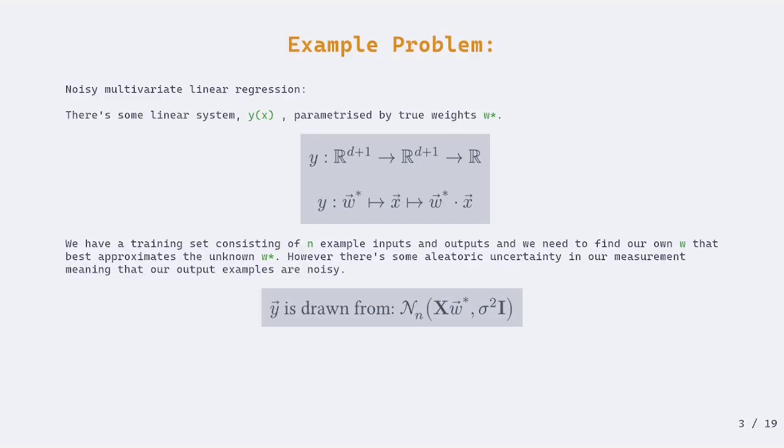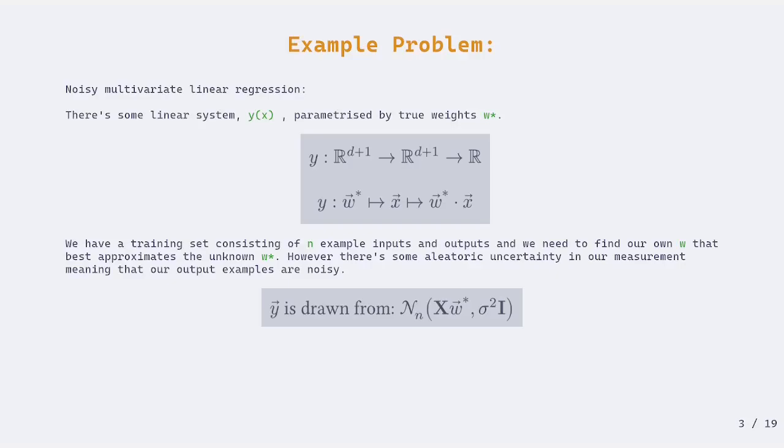I'm going to be writing it slightly differently for this lecture. Instead, we're saying that each output example is drawn from a normal distribution with a mean of W star dot x and a variance, this true variance, which is also unknown, sigma star.